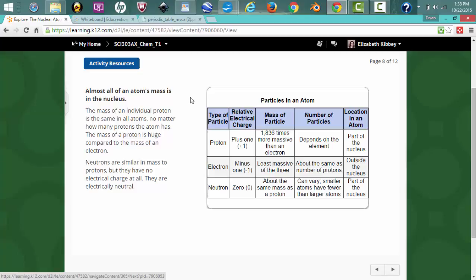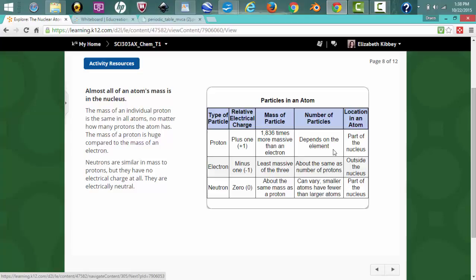Since we know protons and neutrons are in the nucleus of an atom, the electrons are on the outside. The proton has a charge of +1. The mass of the particle is 1,836 times more massive than an electron.